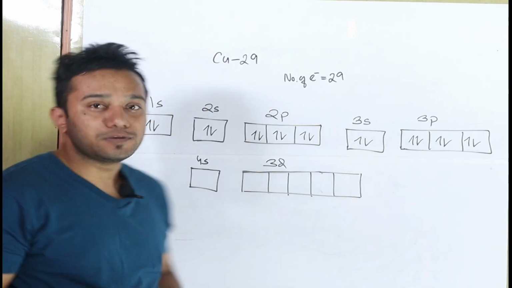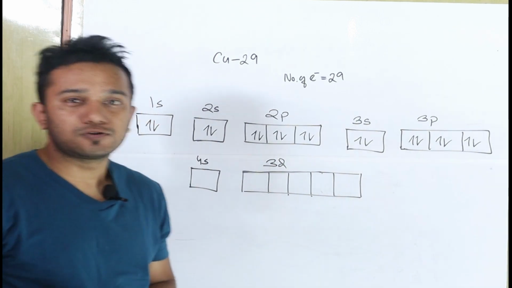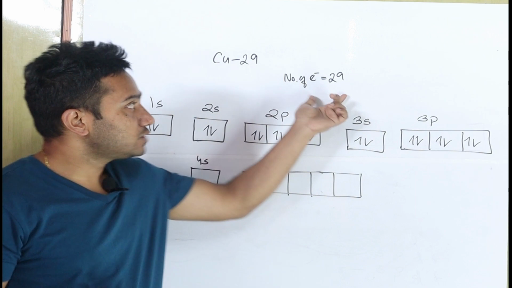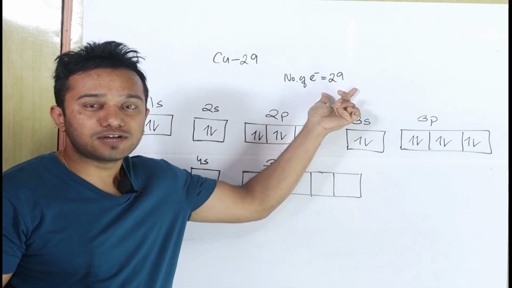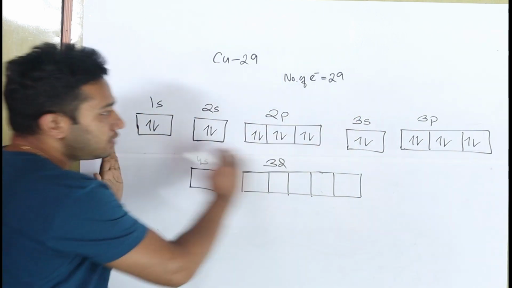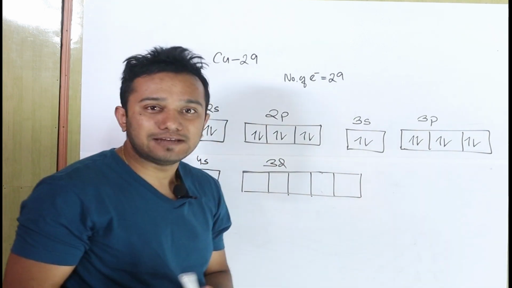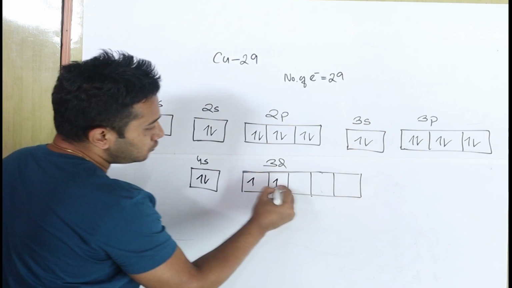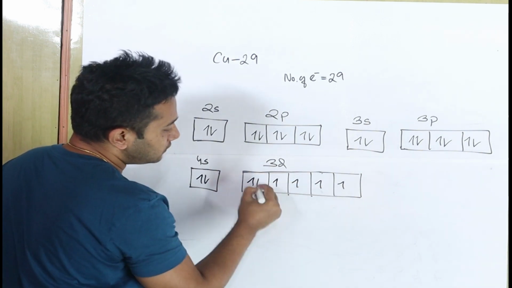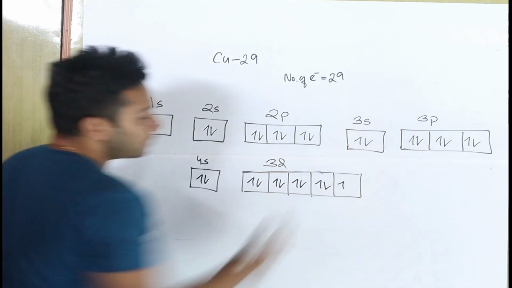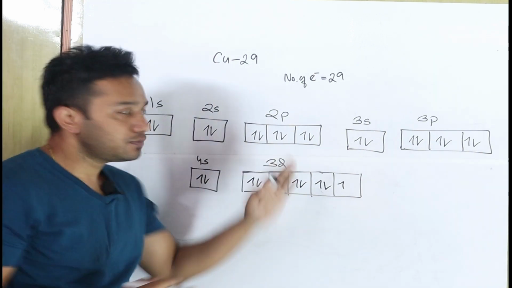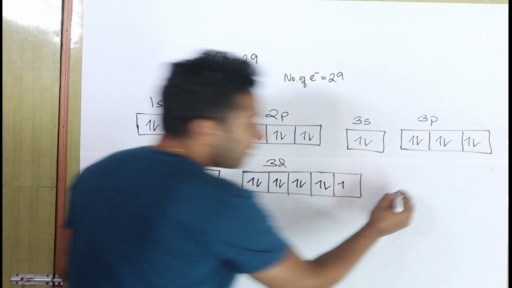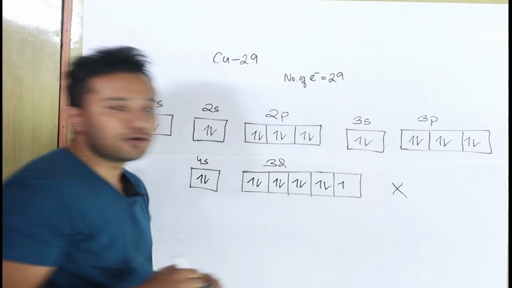Now we have atomic number 29, which is copper. The number of electrons is 29, so we'll start filling 29 electrons. I have already filled 18 electrons. So 18, 19, 20, 21, 22, 23, 24, 25, 26, 27, 28, 29. So this is how we are supposed to fill, but this is again wrong, just like chromium.